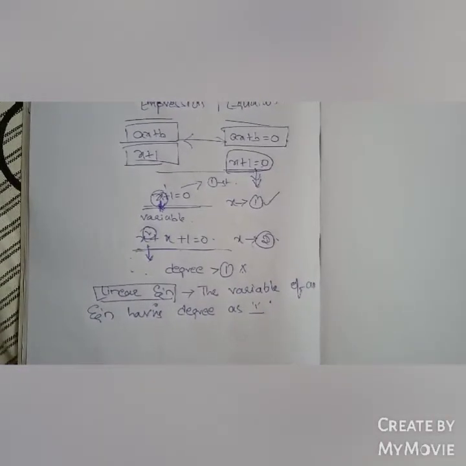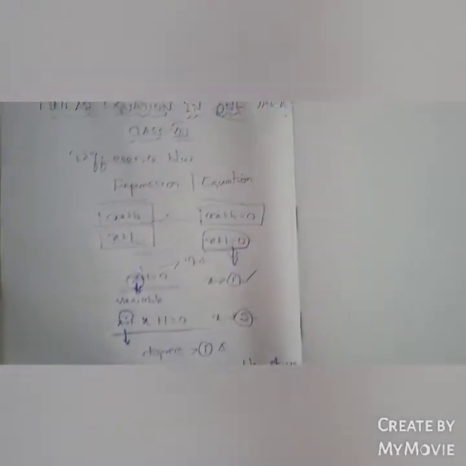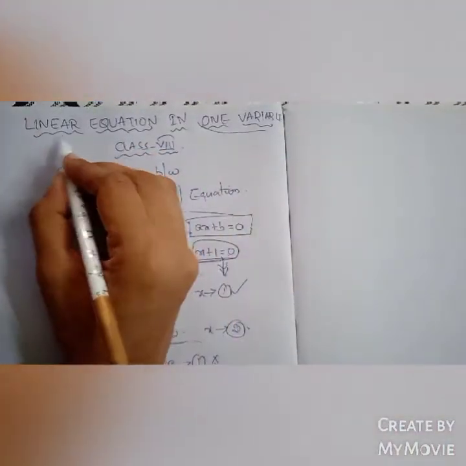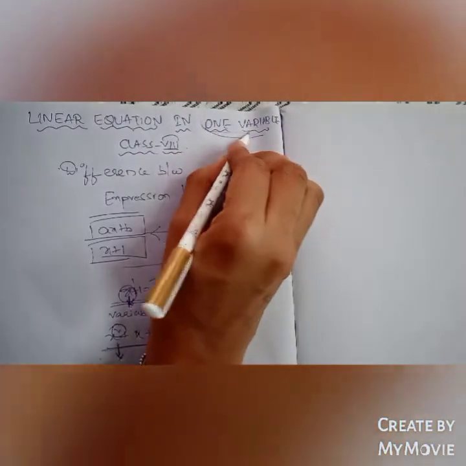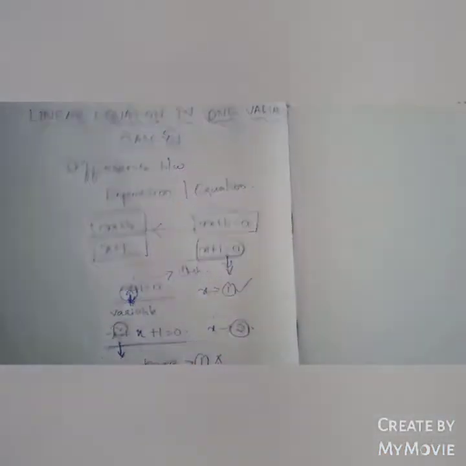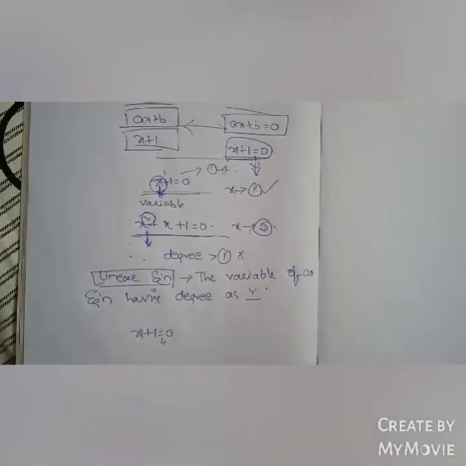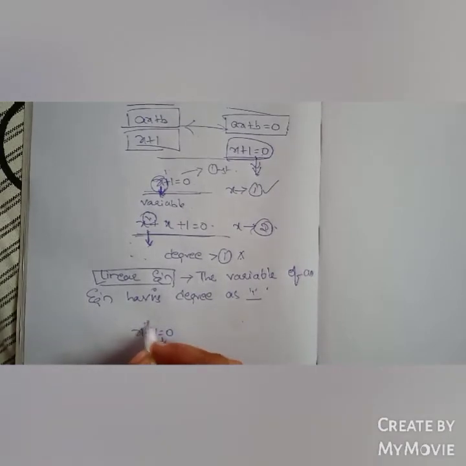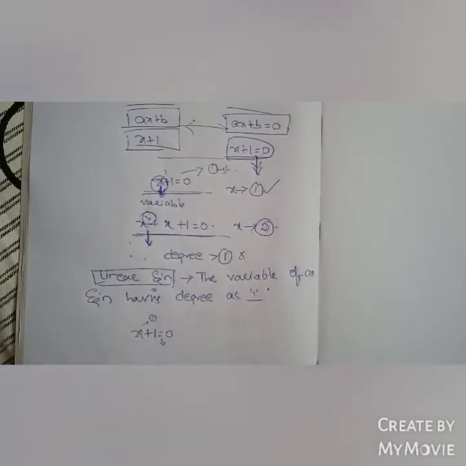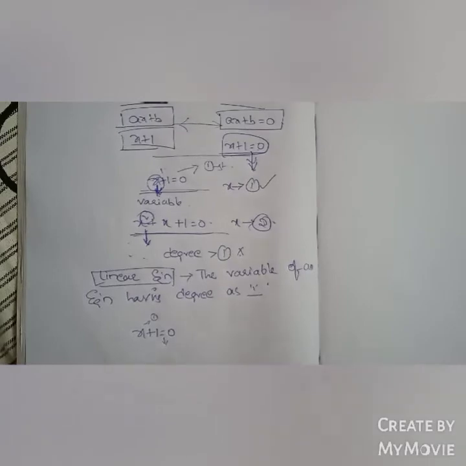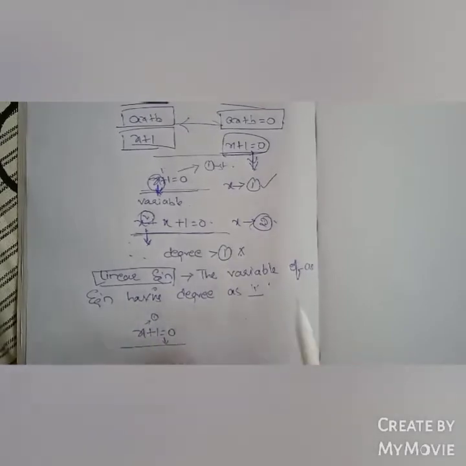Now see here, what's the remaining heading? Linear equation in one variable. We know that a linear equation means x plus 1 is equal to 0. The first step is that it contains the symbol equal to, and the next step is that it has degree 1. Then what is meant by linear equation in one variable?